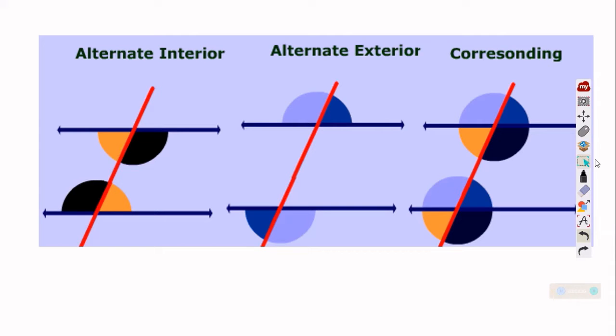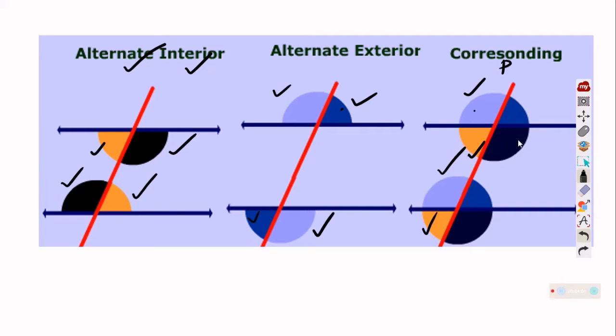As I told you, here is a set of alternate interior angles colored on either side. Here are alternate interior angles, and these are alternate exterior angles, on either side of the transversal. These are corresponding angles. Look, it is on the same side of the transversal. This one is in pair with this one, and this one with this. Okay, this is what you should recollect first.